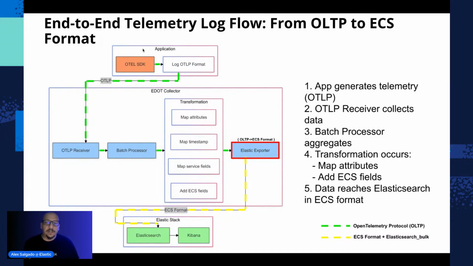The application generates telemetry data in OTLP format, which is collected by the OTLP receiver and aggregated in the batch processor. The key step happens in the Elastic Exporter, highlighted here in a red box, where OTLP data is transformed. Attributes are mapped and ECS fields are added. This converts the data into ECS format, ready for Elasticsearch and Kibana to store, analyze, and visualize.